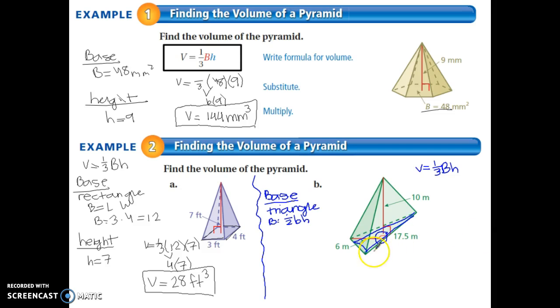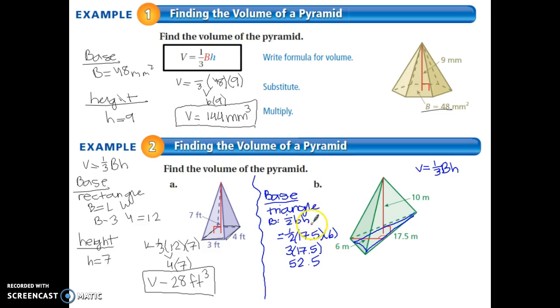The two lines that connect there are the 6 and the 17.5, which means in this blue triangle on the ground, my base and my height are 6 and 17.5. So I've got 1/2 of 17.5 times 6. It'll be a little easier for me to do 1/2 of 6, which is 3, times 17.5. And when I multiply 3 and 17.5, I get 52.5.